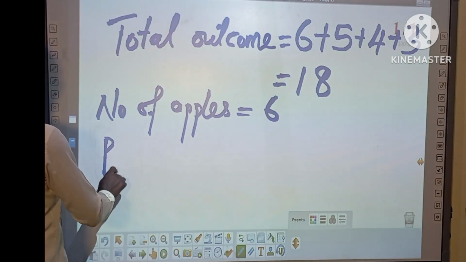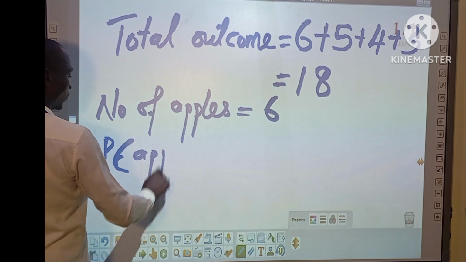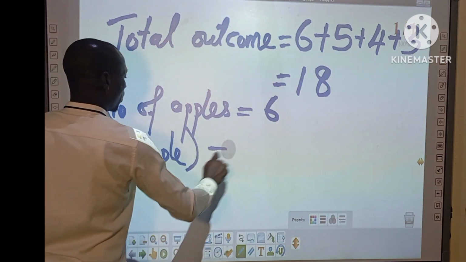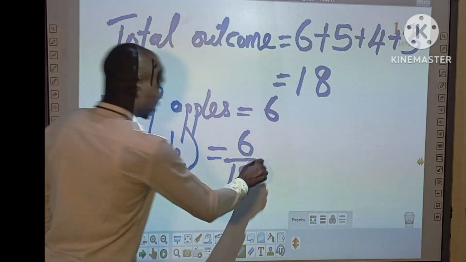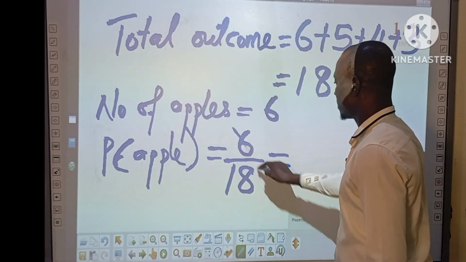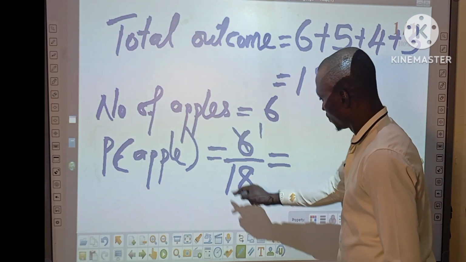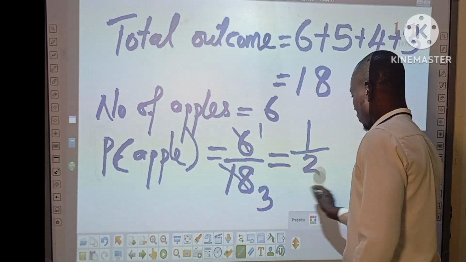So probability of picking an apple will be equal to 6 over the total outcome, which is 18, which is simply 6 here gives us 1, 6 here gives us 3, which is 1 over 3.